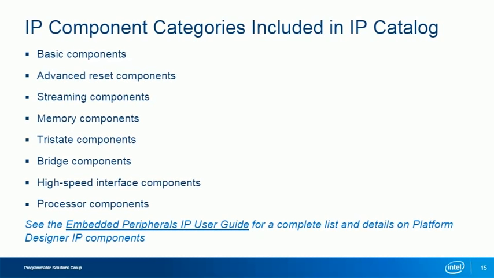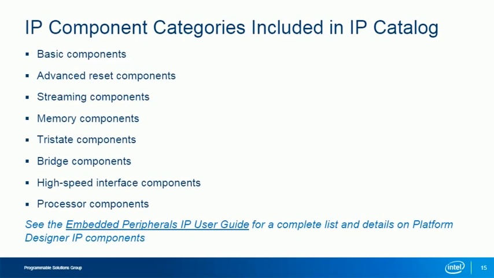Bridge components allow you to adjust the topology of the Platform Designer interconnect by inserting components such as pipeline stages, asynchronous clock crossing logic, and logic to bridge between 32-bit and 64-bit systems. You can also bridge to other external interface types such as JTAG and SPI. High-speed interface components implement the protocol layers needed for high-speed interfaces such as Ethernet, PCIe, and Interlaken.